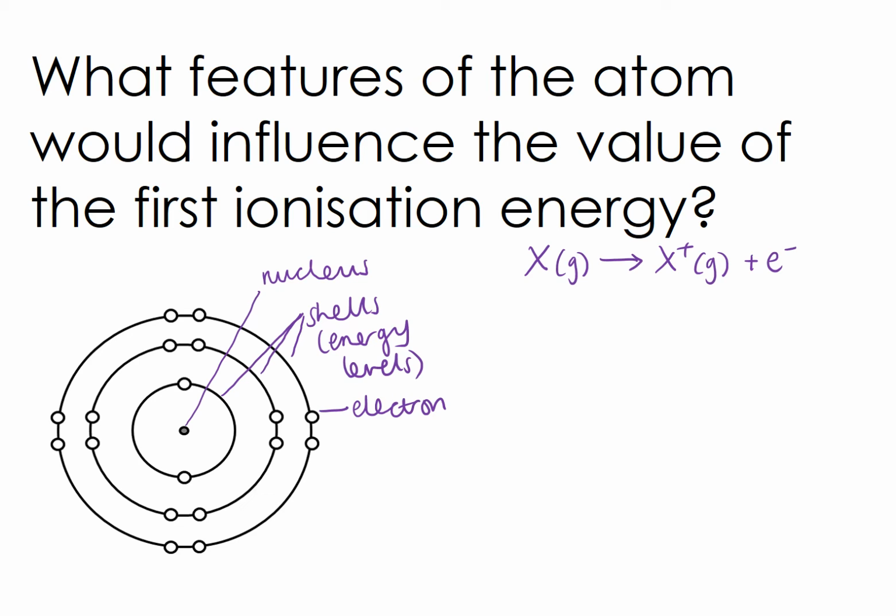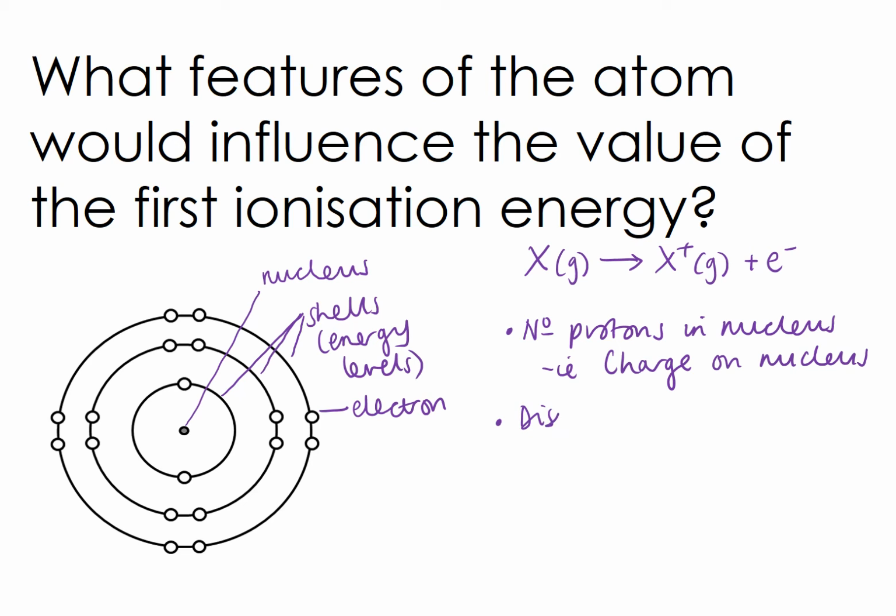The types of things that would influence that, firstly, would be the number of protons in the nucleus, i.e. the charge on the nucleus. The second thing that would influence how difficult it is to remove that outer electron would be the distance between the nucleus and the outer electron being removed. The final thing from this particular model would be the shielding.